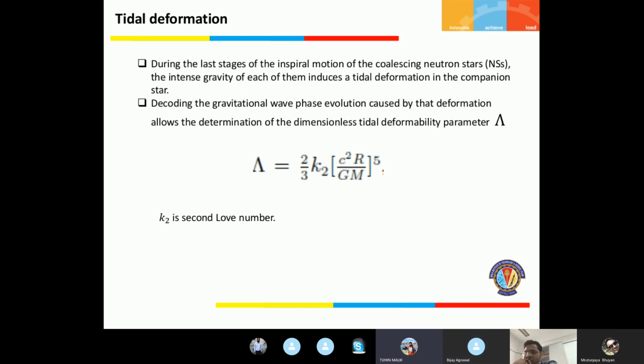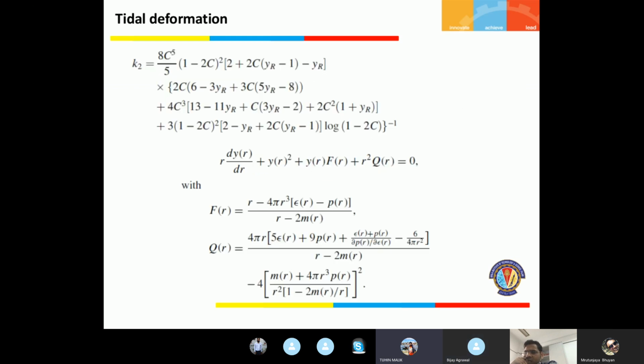And how do we calculate this Love number? This is also related to the internal structure of the neutron star, because k2 is proportional to the compactness. C is the compactness of the neutron star, and it is related to differential equations like this. From this differential equation, r dy/dr, y is a parameter.